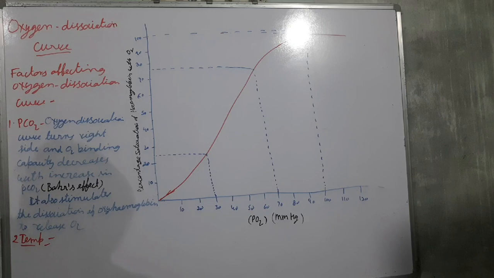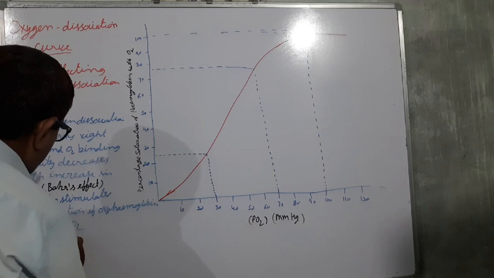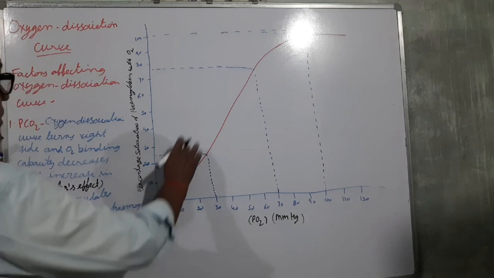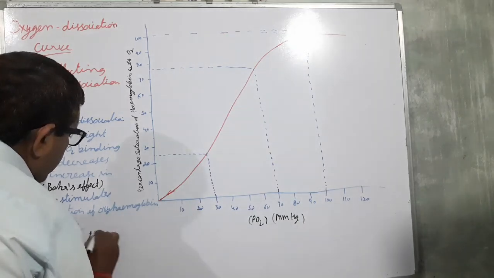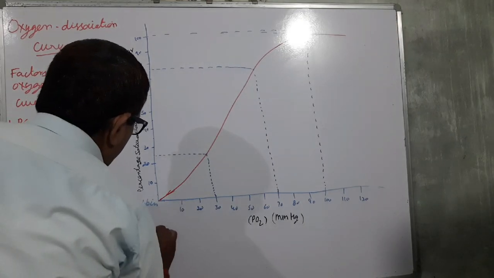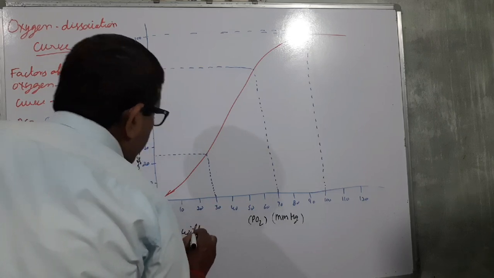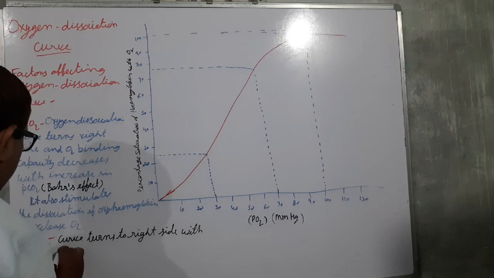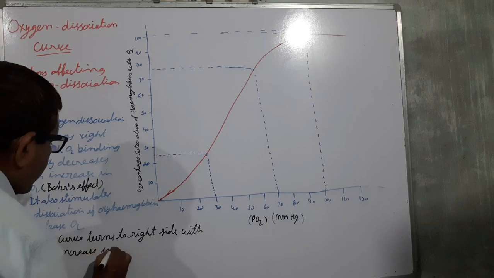The curve turns to the right side with increase in temperature, meaning the oxygen dissociation curve turns to the right side with increase in temperature.